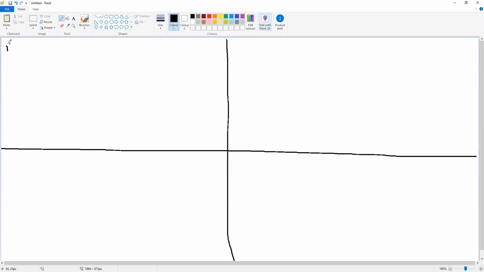The first one is a simple beam with a concentrated load.